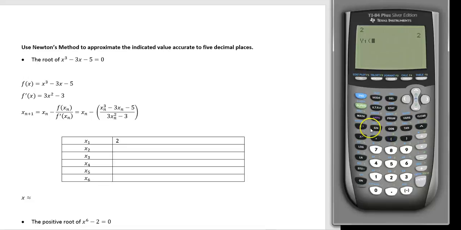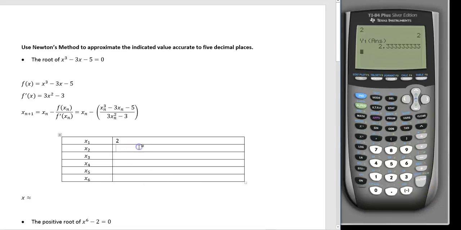And I want y1 evaluated at 2, but to make this work really efficiently, what I'm going to do is evaluate it at second and then answer. So when you evaluate it at answer, what it's doing is taking whatever was the previous answer and evaluating it there. So I hit enter, and that's going to give me my x2.